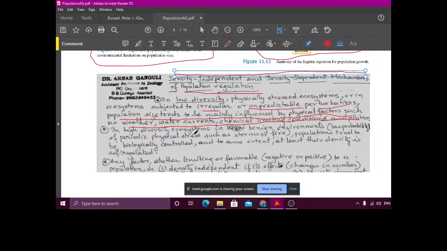In a high diversity ecosystem, with benign environments and periodic physical stress such as storms and fires, populations tend to be biologically controlled.